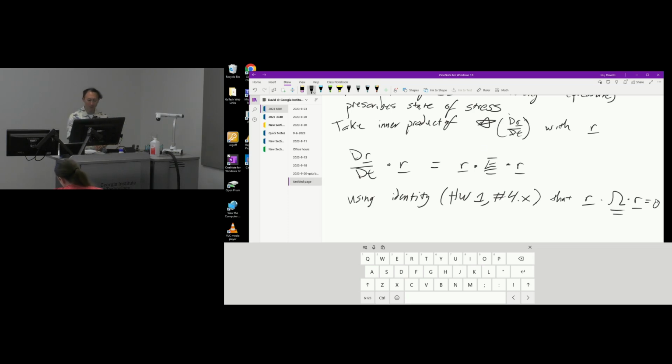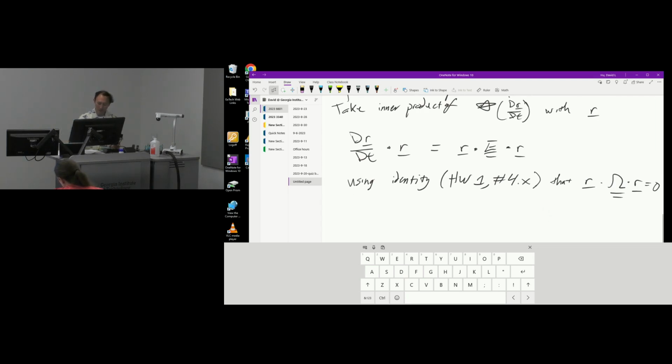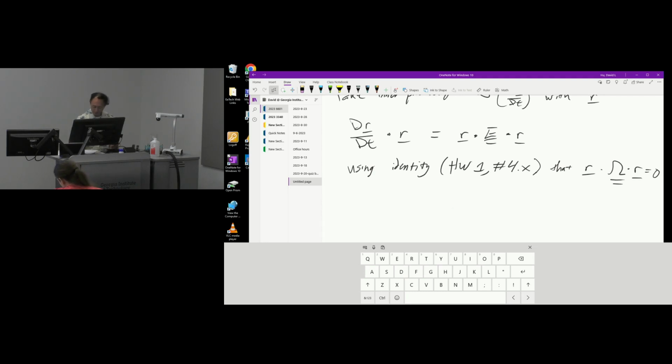So this is supposed to be a gradient u, but because the antisymmetric part gets killed when you dot it with r again to the right, you only have this. So if we do a simplification, the next step is r dot r. And I think we've done something like this before. You basically get this.